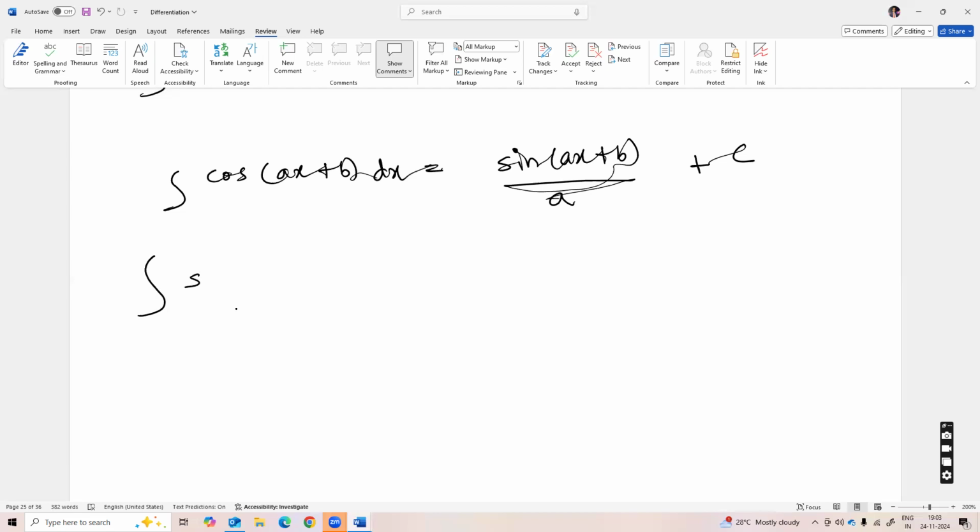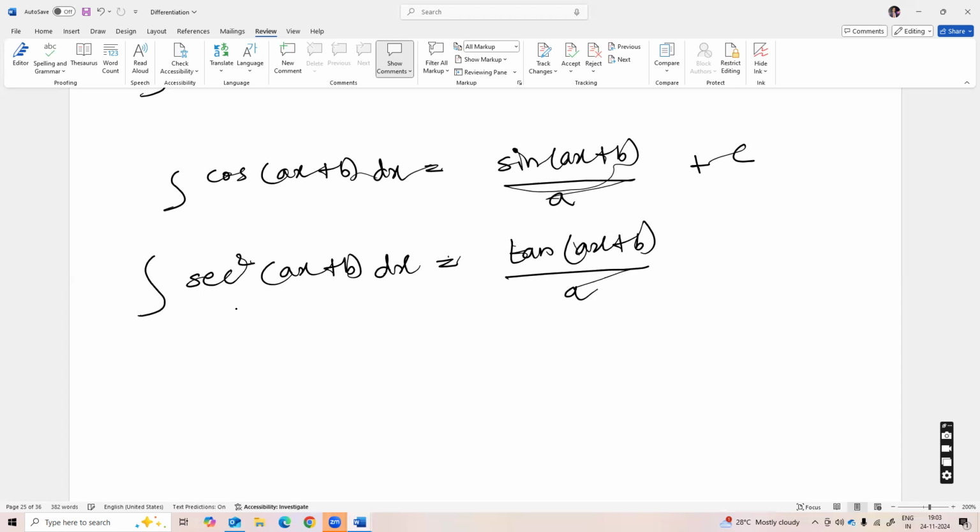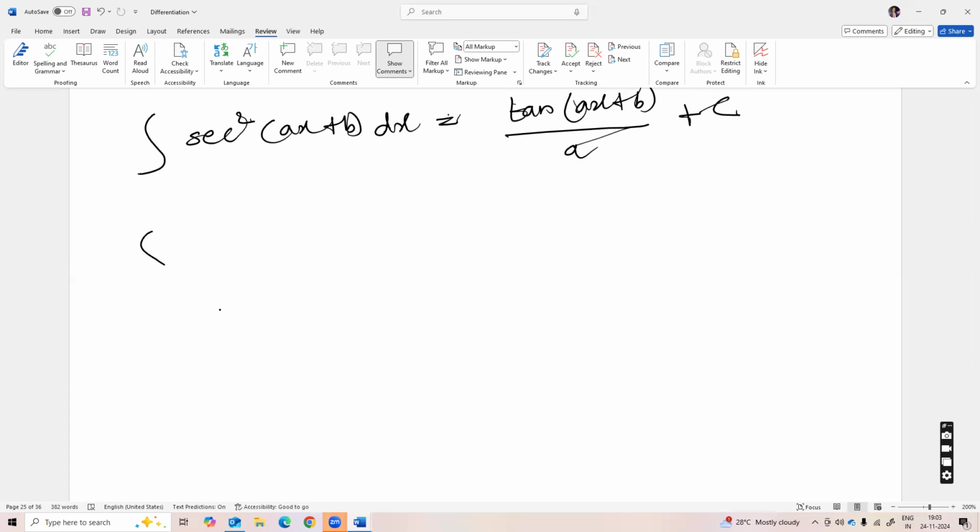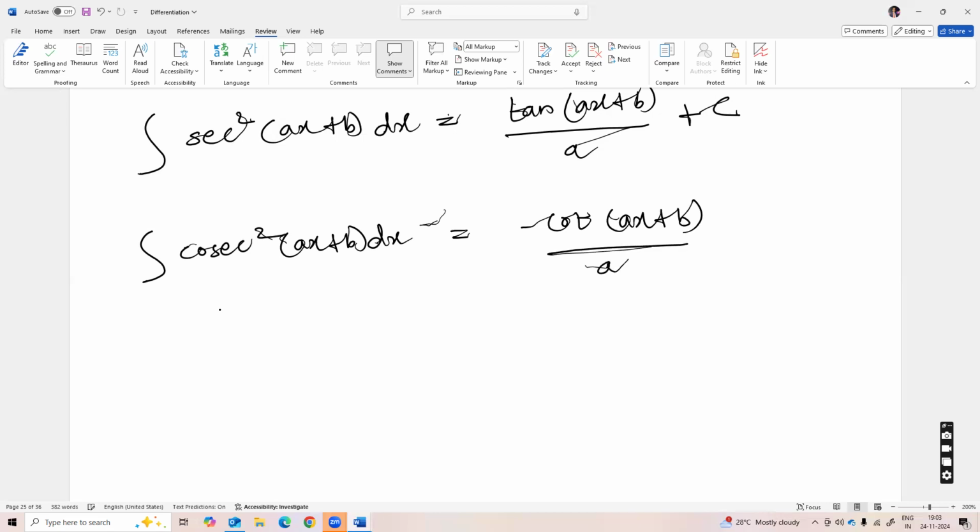Similarly, if you have sec square ax plus b dx, its integration can be written as tan ax plus b divided by a plus c. Again, the integration of cosec square ax plus b dx is minus cot ax plus b divided by a plus c.